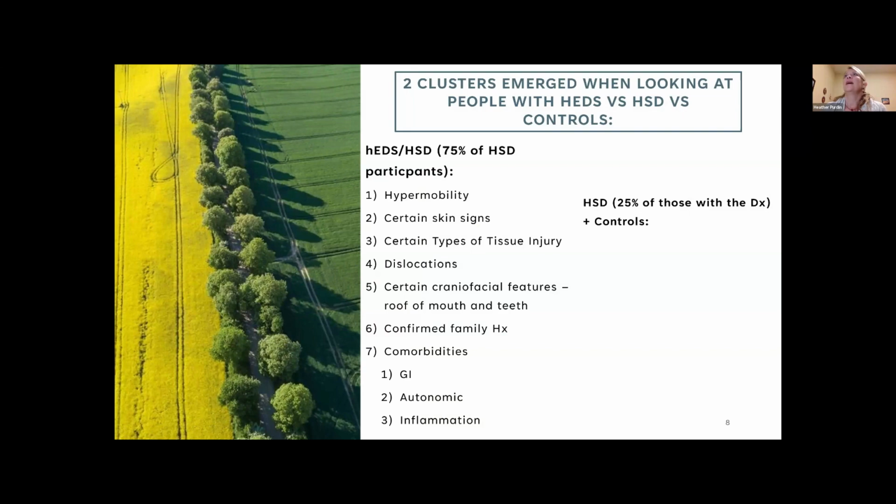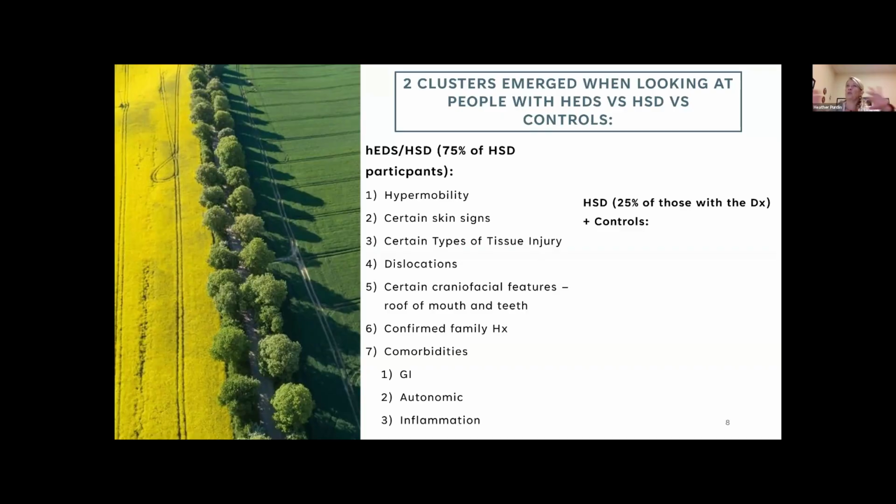Thank you. So in looking at the criteria study, two clusters emerged, which was really interesting. They ended up with people that had hEDS and those with HSD, or 75% of those with HSD, who clearly answered questions similarly. And then there was another group that was controls, with 25% of those that had the diagnosis of HSD.